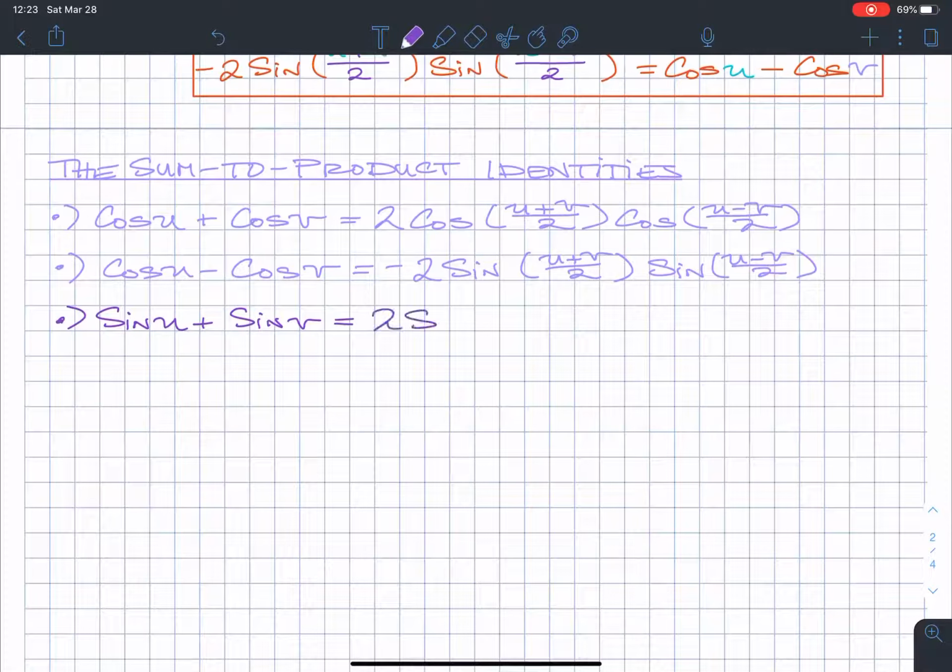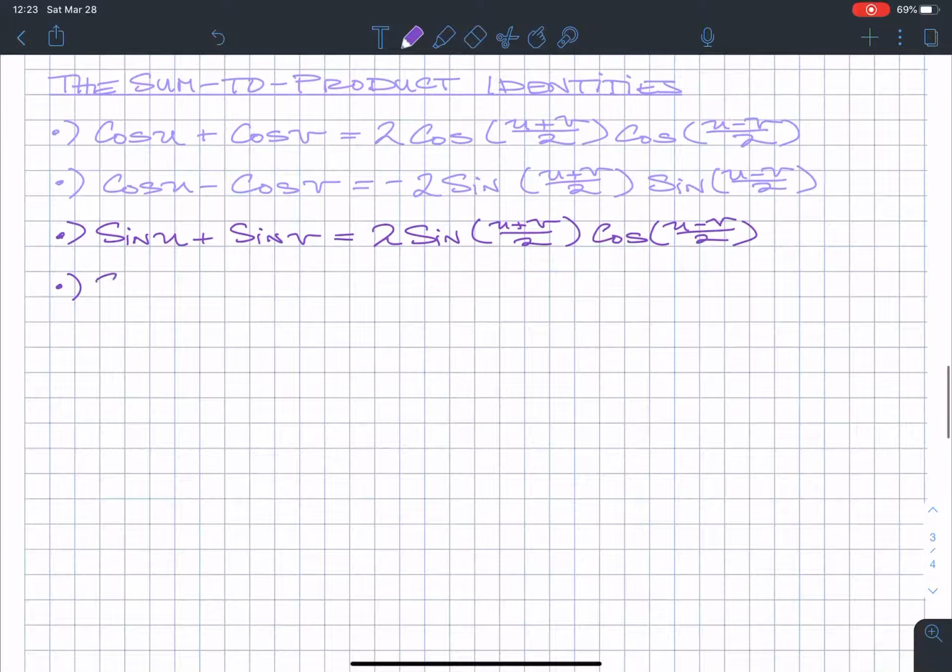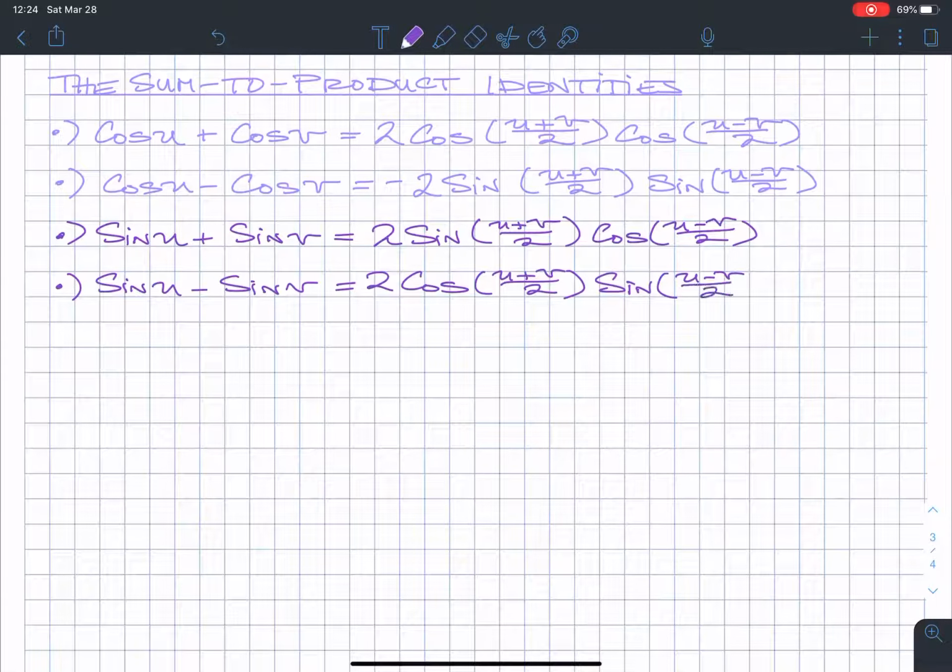It will be 2 sine of the quantity u plus v all over 2 times cosine of the quantity u minus v all over 2. Whereas finally, sine of u minus sine of v will be 2 times cosine of the quantity u plus v all over 2 times sine of the quantity u minus v all over 2.